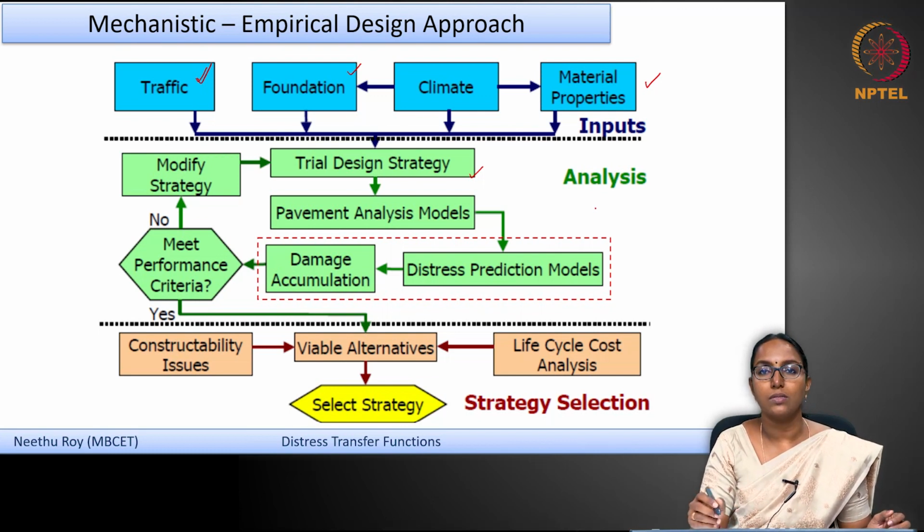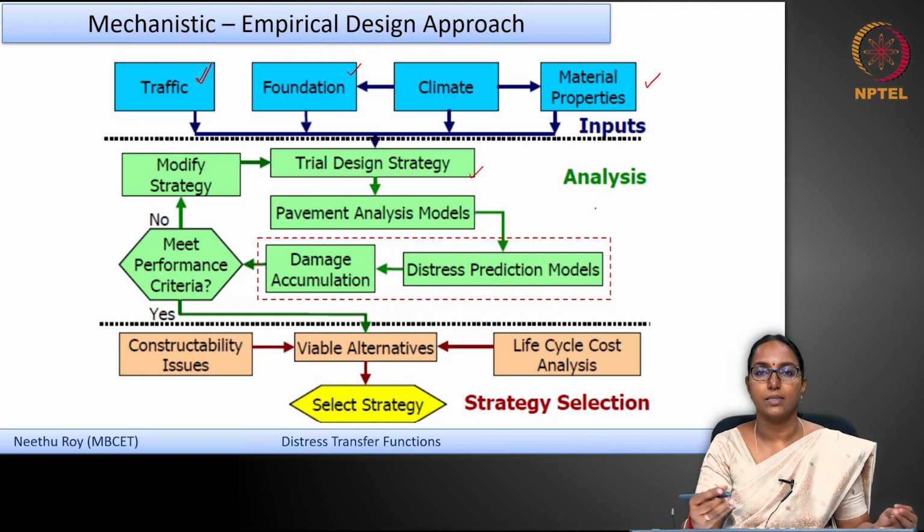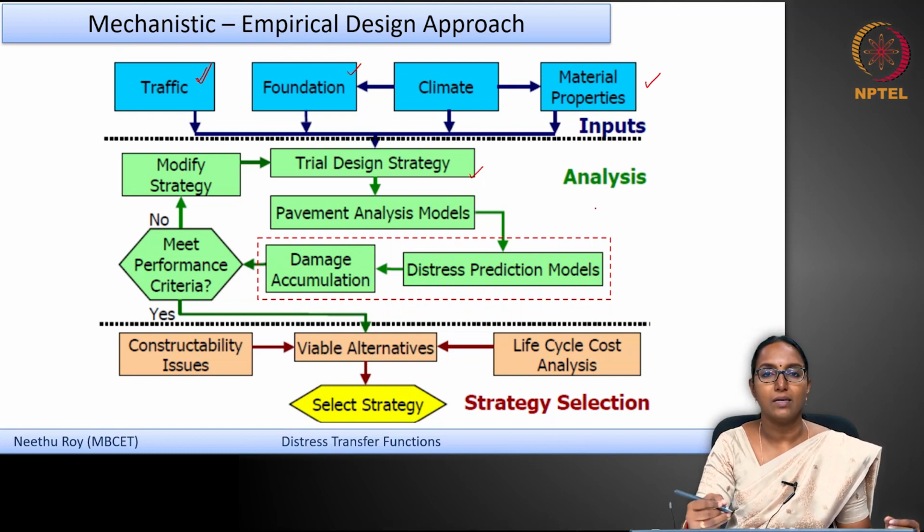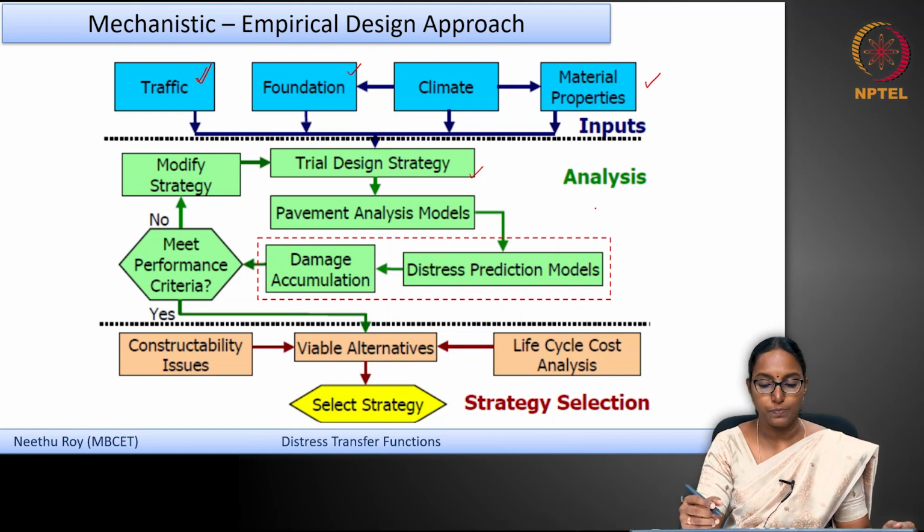Accordingly, you can choose this strategy, or you have to discard it and modify the strategy to some other section, like you can improve the thickness of the layers, or you can go for some better quality materials. Likewise, you can redesign the strategy, and this process has to be iterated till you find a viable design strategy.